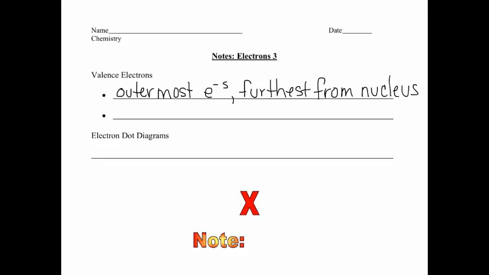When we're looking at the electron configuration, let's say we're looking at a configuration that is 2-8-2, that would be magnesium, the valence electrons would be this very last number, the electrons that are in the outermost principal energy level. So this would be the last number in the electron configuration.